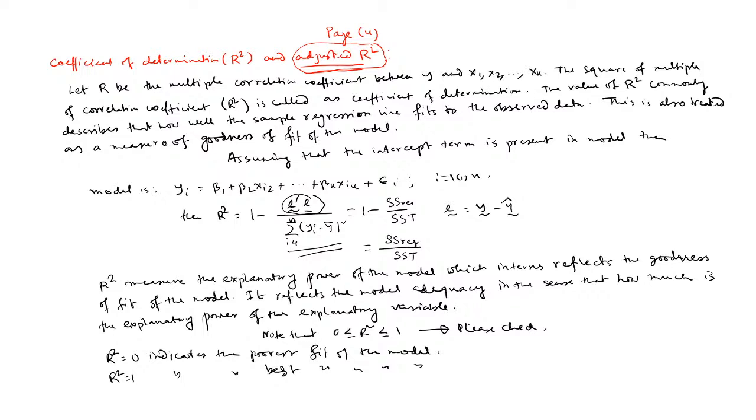So suppose your R square is 0.95. This indicates that 95% of the variation in Y is explained by the regression equation.